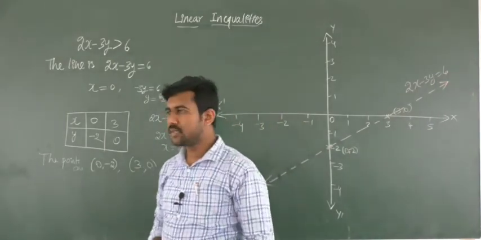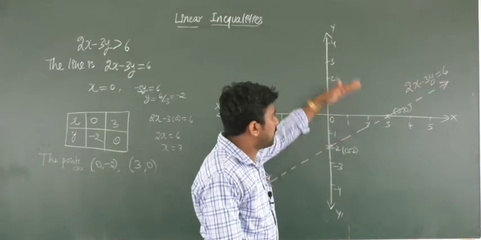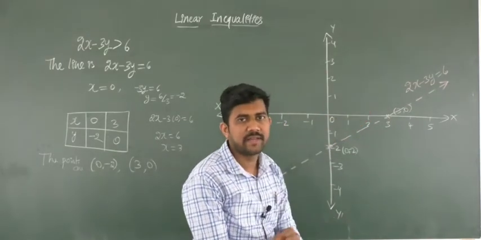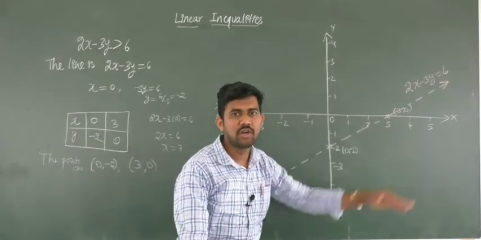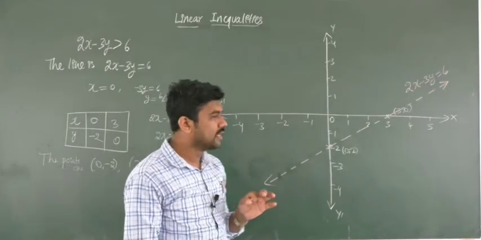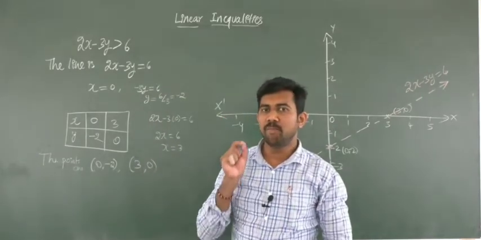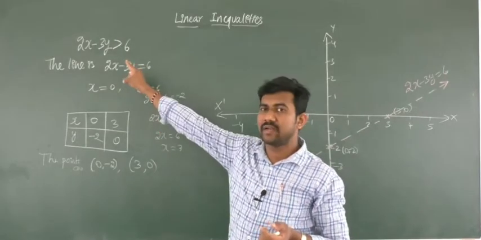Now you can observe the line divides the plane into an upper half plane and a lower half plane. So the solution region may be either the upper half plane or the lower half plane. So how to find the solution region? Solution region means the set of all points which satisfy the given inequation.